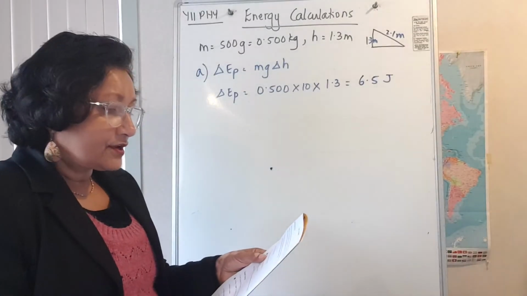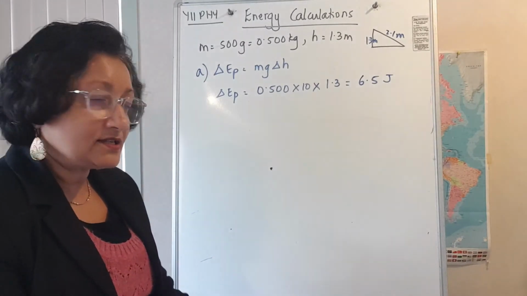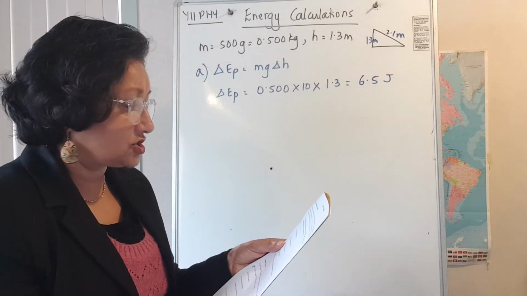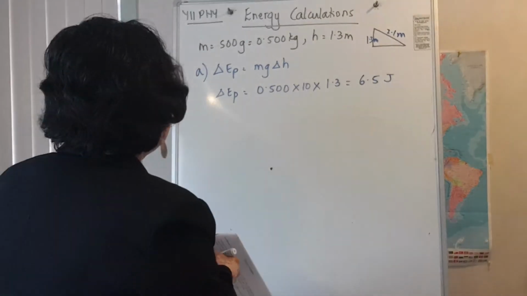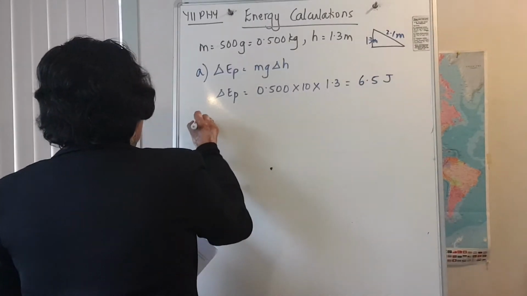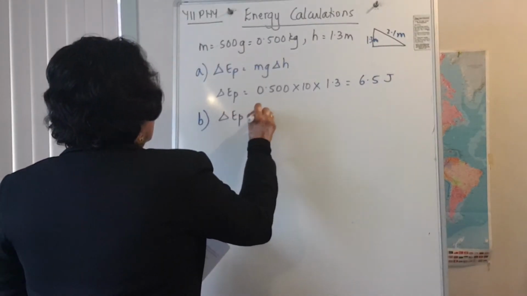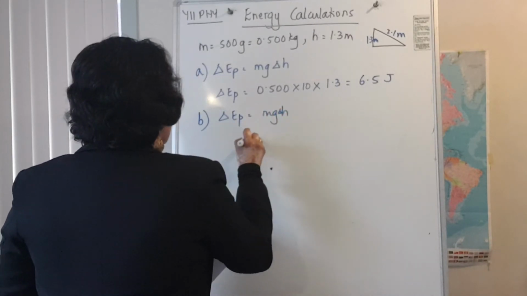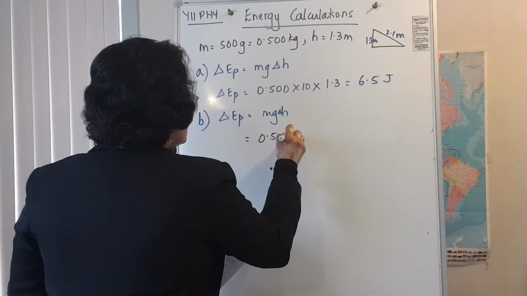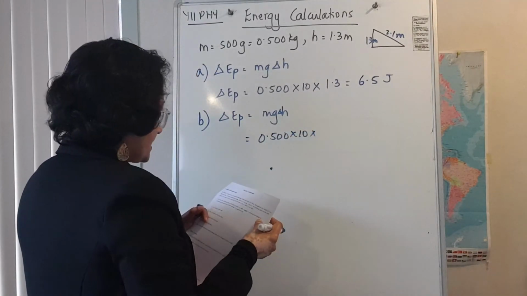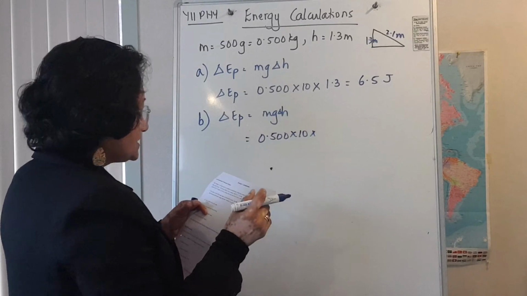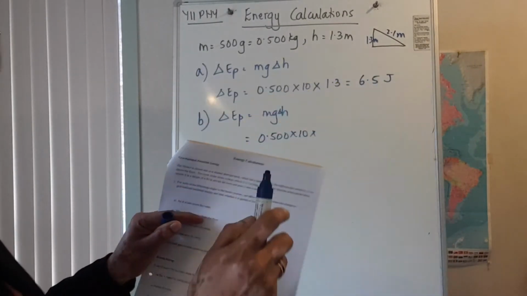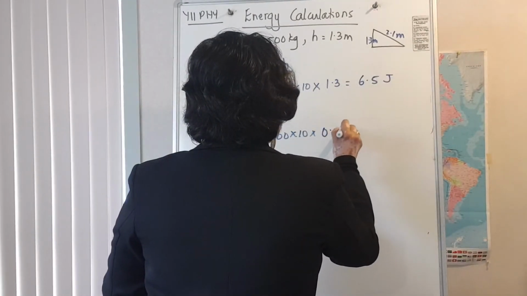Okay, then the librarian picks it up from the floor. When she picks the book up, she's lifting it up, so she's going to gain gravitational potential energy. How much does it gain? So this is B. This is also mg delta h, and mass is still that much, g is still the same, but when she picks it up, she carries it at a height of 0.80 meters, so we're looking at that number, times 0.80.